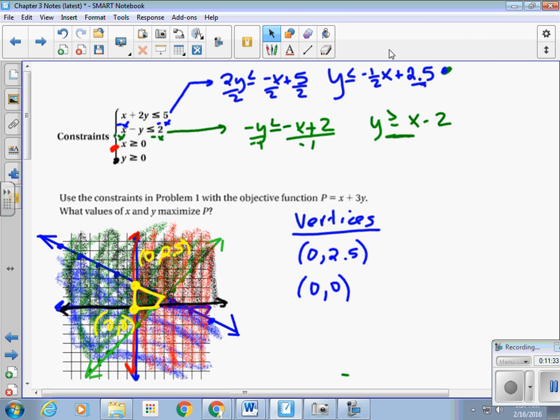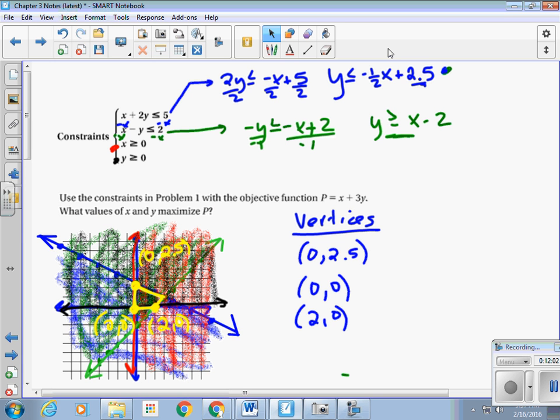We have another one right here, and that's at 2, 0. It's where our green line hits the x-axis.